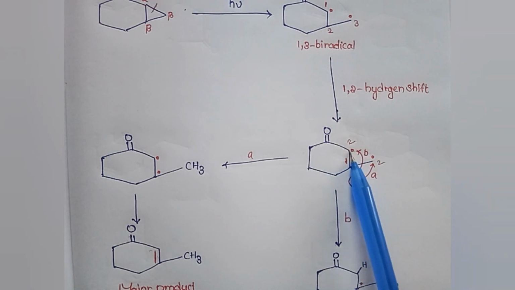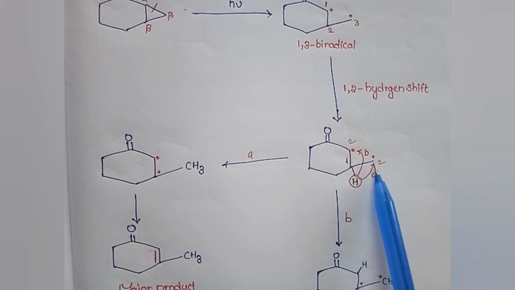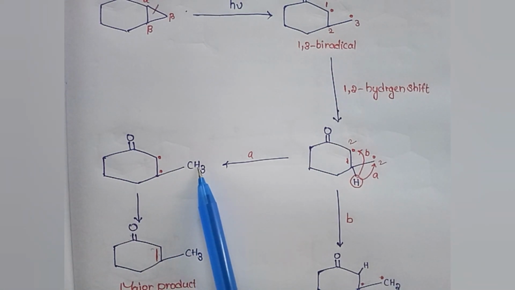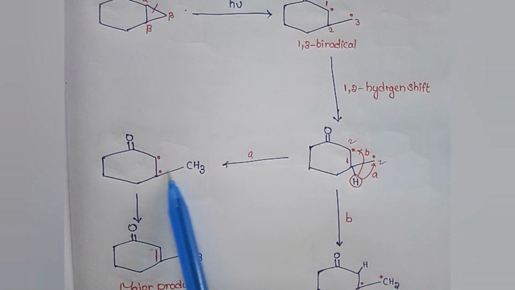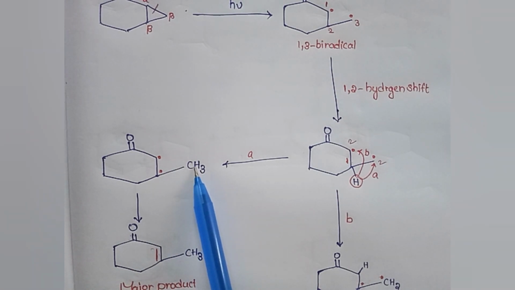This is route B. Let us see route A. This hydrogen atom shifts to this radical. So as a result of it, we get CH3 here. Already CH2 is there, so one more hydrogen is added, that becomes CH3.